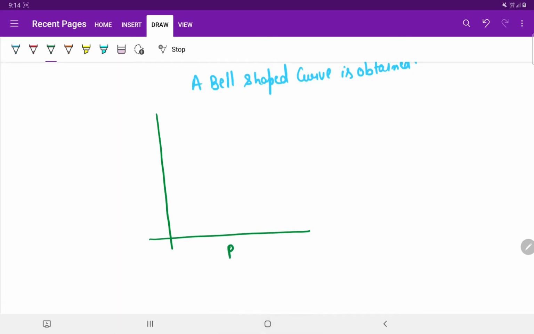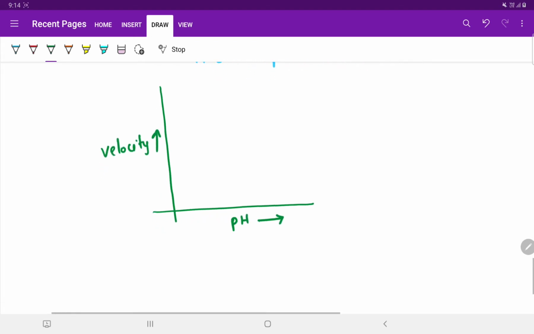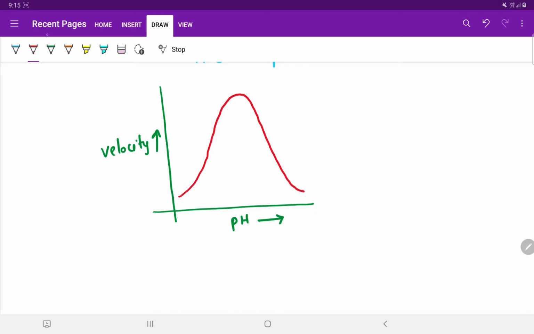Now let us draw the graph for this. When we plot pH on the x axis and the velocity of the reaction, the enzyme velocity, on the y axis, a bell shaped curve is obtained. The highest point refers to the optimum value of the pH on the x axis and the maximum velocity at this particular value.